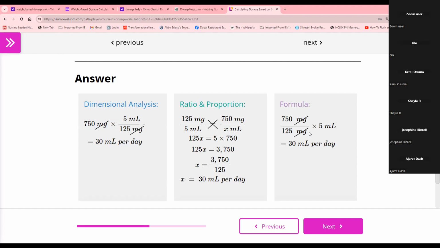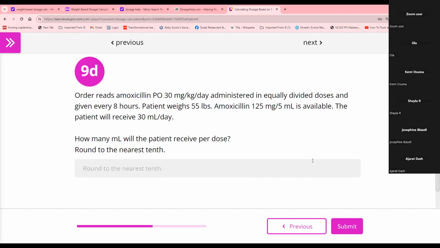I try to make sure I don't make mistakes on there, but I'm human. And then per dose, how many mLs? 10 mL. Good.